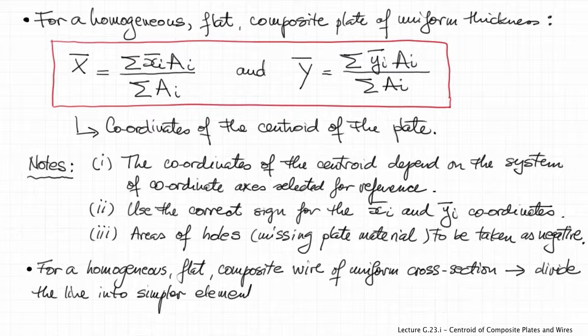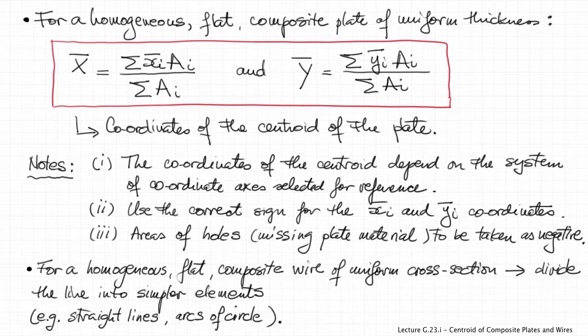For these lines, we of course know their length, and we also know the location of their centroids. Therefore, based on the same theory, we can now determine the coordinates of their centroids in a similar fashion.